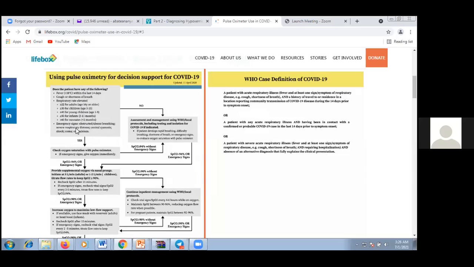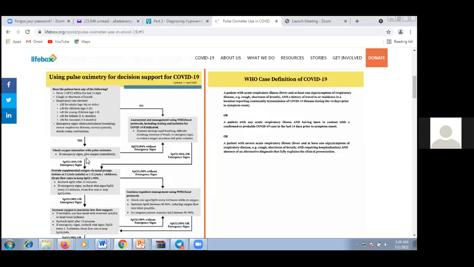If there is an emergency sign like obstructed or absent breathing, severe respiratory distress, central cyanosis, shock, coma, or convulsion, now this is a right indication to put the patient on oxygen and at the same time measure saturation using pulse oximetry.